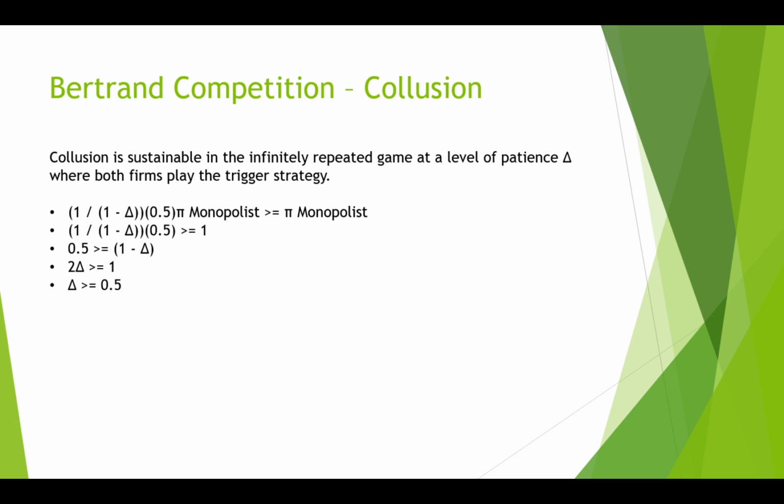That is the equation that captures this idea. And so for collusion to be sustainable in this case, both firms must have a patience of over a half, basically. Otherwise, the profit from deviation, the full monopoly profit, will be greater than the profit from collusion.